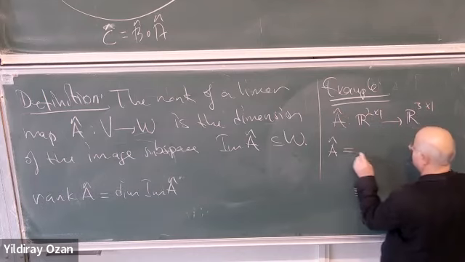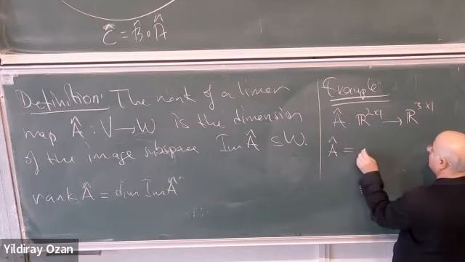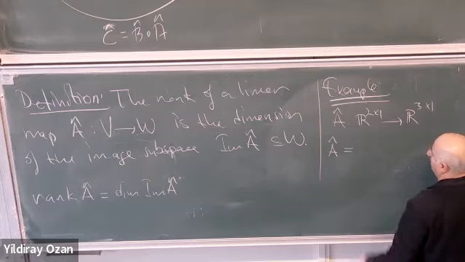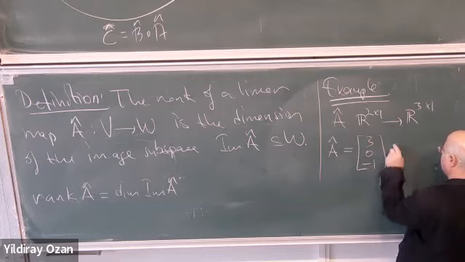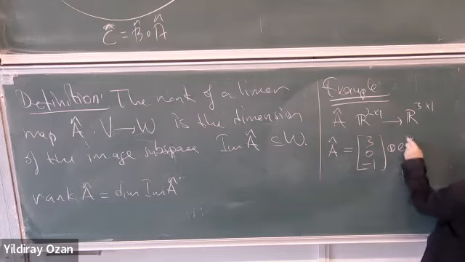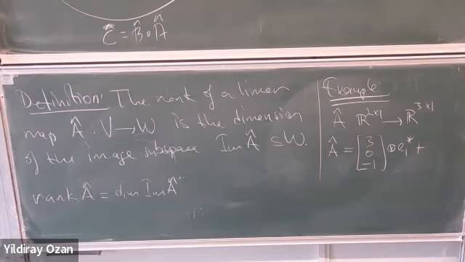Okay, it is given by this: 3, 0, minus 1, E1 star plus... Okay, so it's given like this.